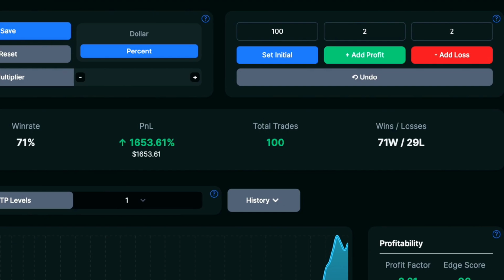In backtesting, the win ratio for this strategy was 71%, which is impressive for a 5-minute scalping strategy. And of course, by increasing the time frame, the winning ratio grows as well.